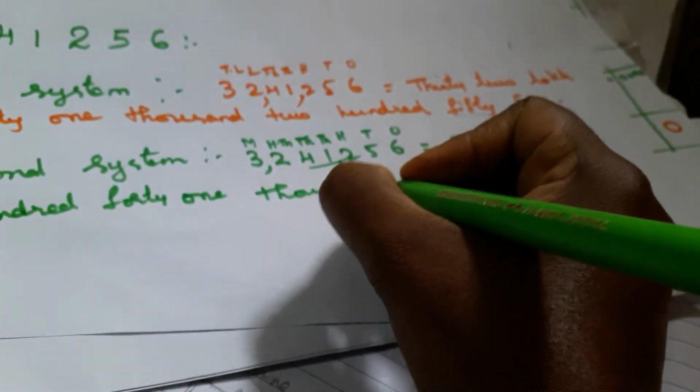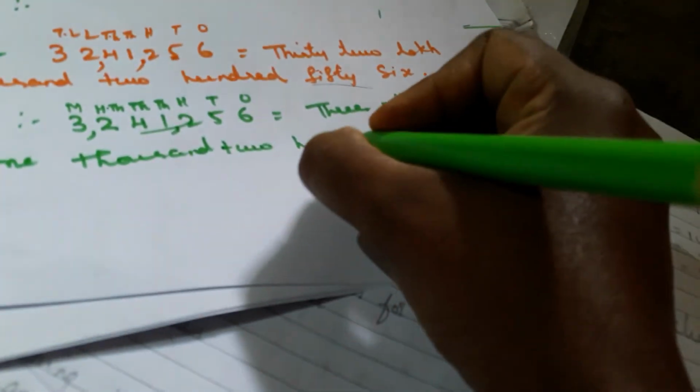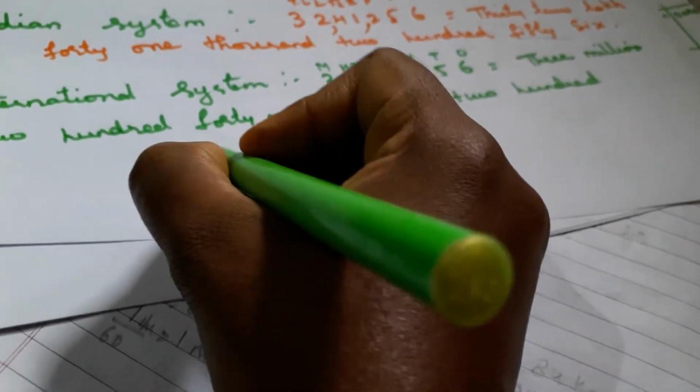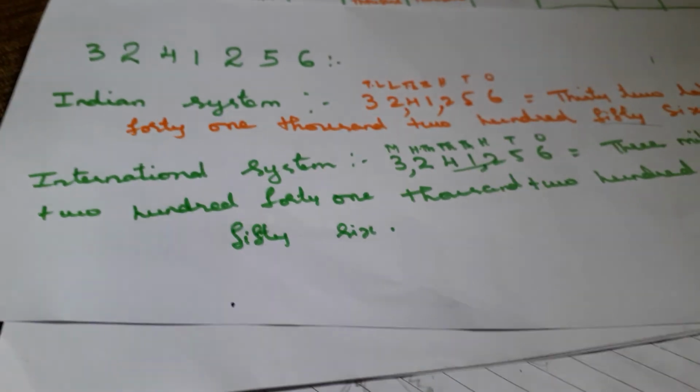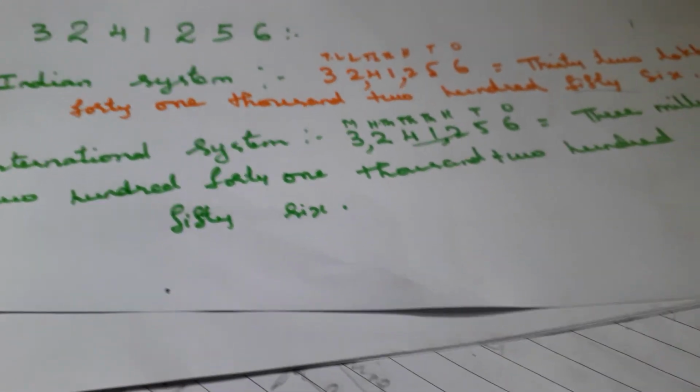Be careful with 241 thousand while writing the number name. So this is the difference between the international and the Indian system.